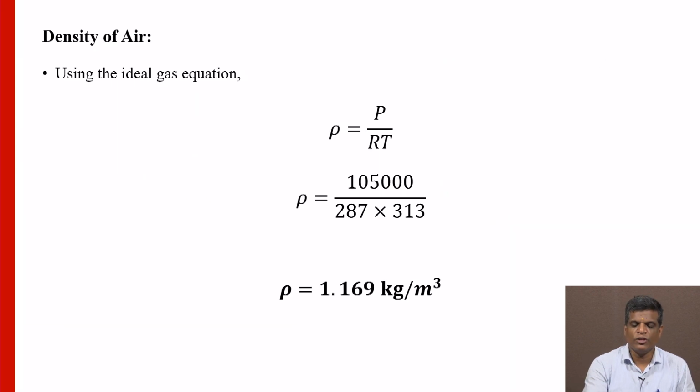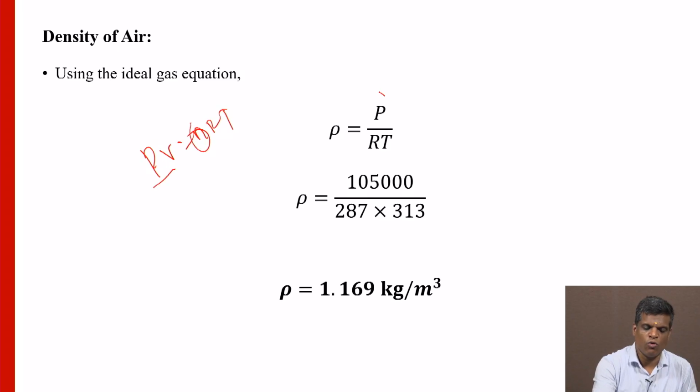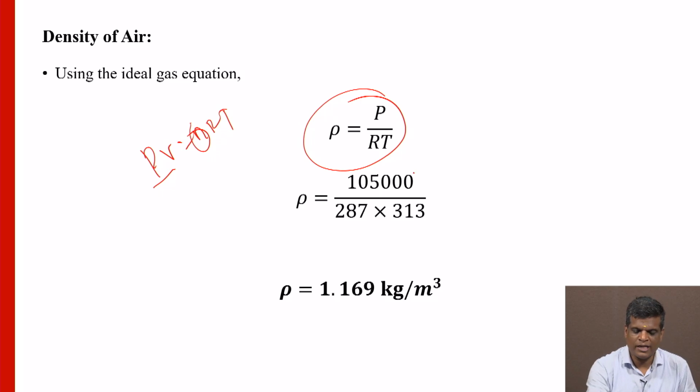Whenever we use a gas, PV equals nRT, so rho equals P by RT. The pressure here is 1.105, already given in the problem, and R is the gas constant, 8.314, which we can always change based on units, and then the temperature.